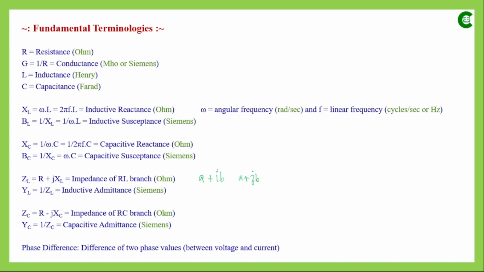Now in case of AC circuit, we have another important term which is admittance, and admittance is the reciprocal of impedance. That means if impedance opposes the alternating current to flow through that branch, then admittance is the property which helps the alternating current to flow through that branch.